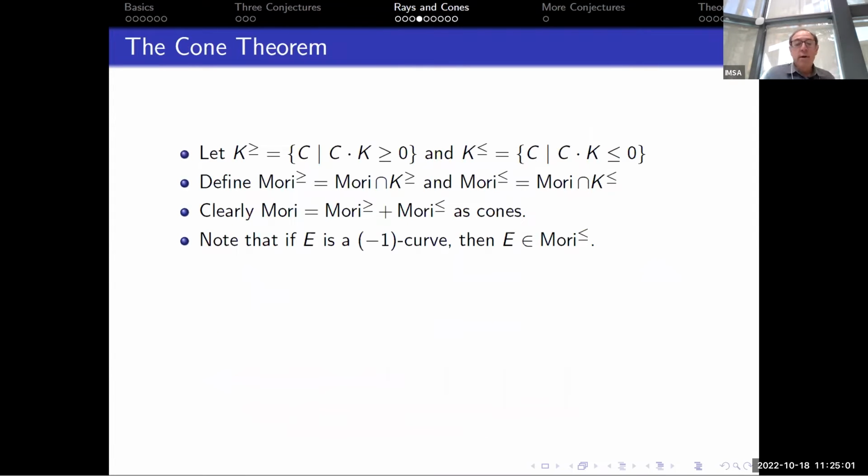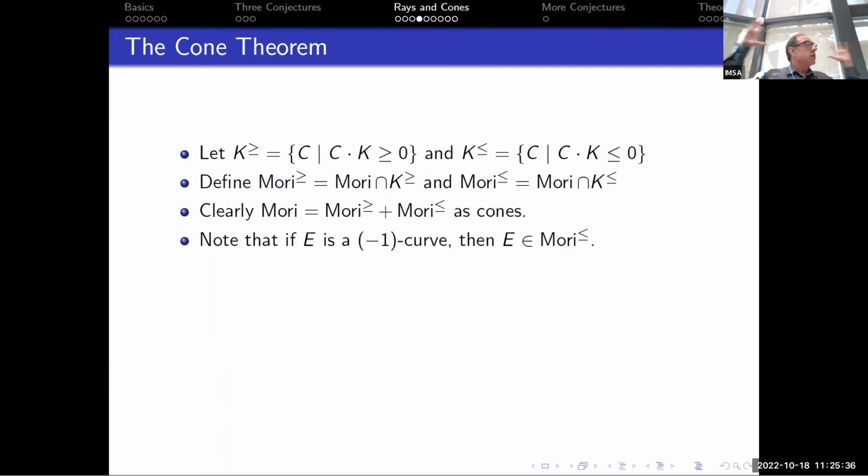Now, what does Mori's cone theorem say, which will give some insight into the situation? You look at the parts of the cones which intersect the canonical positively or intersect the canonical negatively. Intersecting the canonical is a linear condition and divides the whole space into two halves, the part that intersects positively, the part that intersects negatively.